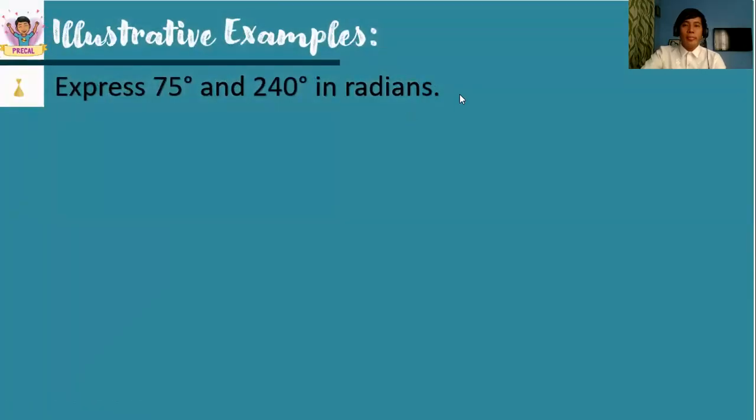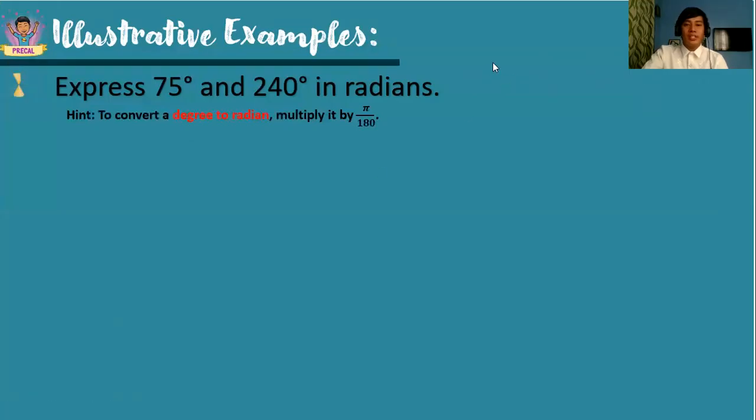Example number 1. Express 75 degrees and 240 degrees in radians. Here's the hint: to convert a degree to its radian measure, we need to multiply it by pi over 180. Now let us answer the first given angle.